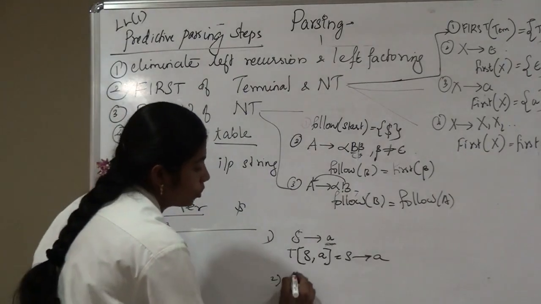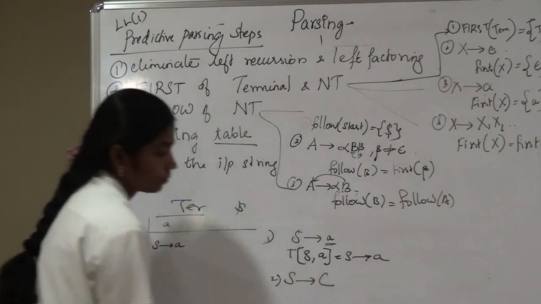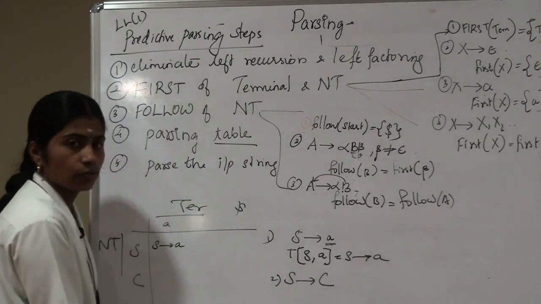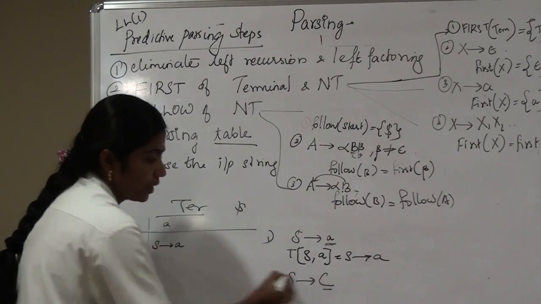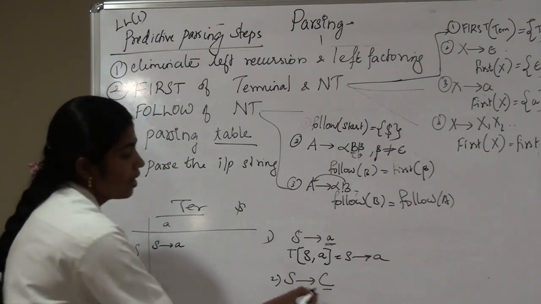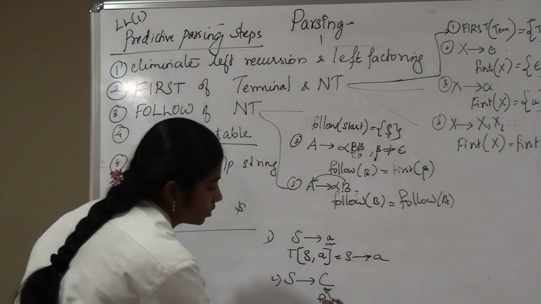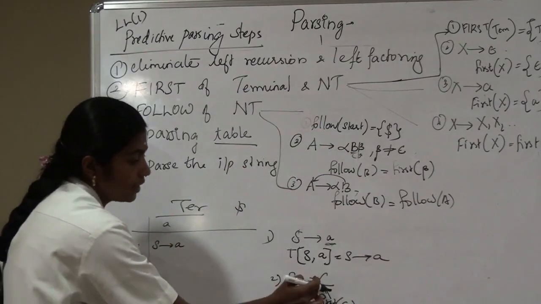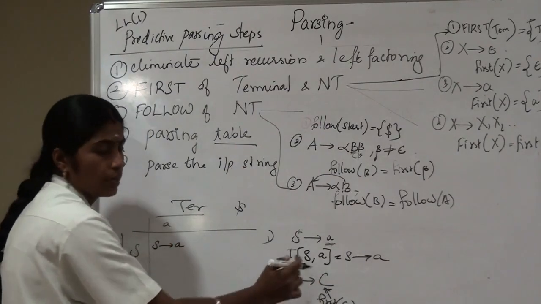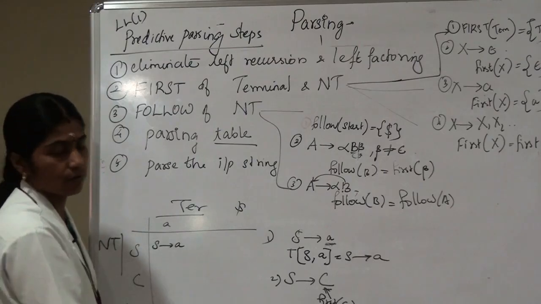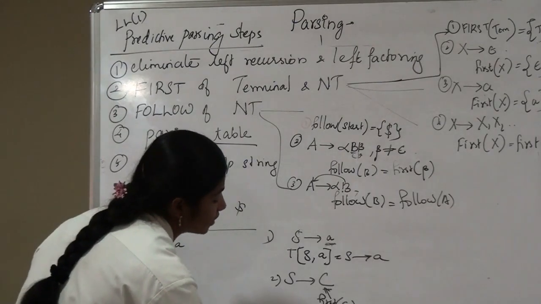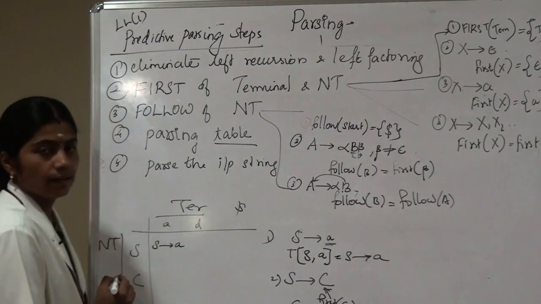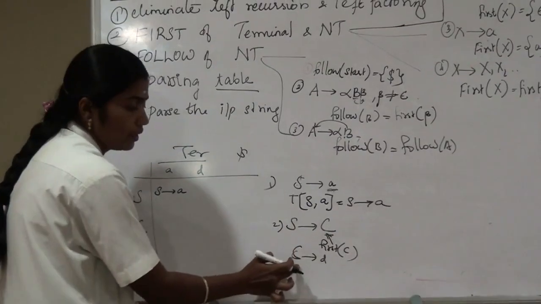If suppose you have a capital letter, that is a non-terminal. In such a case, you are not having a terminal in the first place, so I find the first of capital C. Already we have found the first. So what do you have in the first of capital C? Suppose you have a production C derives small d, another terminal, then first of C will be small d.